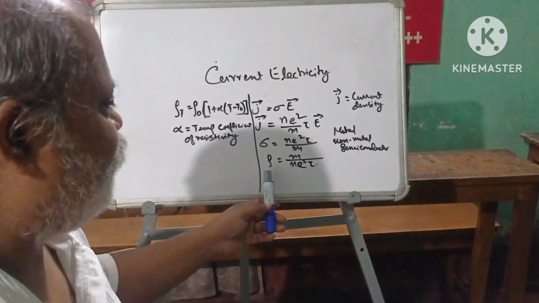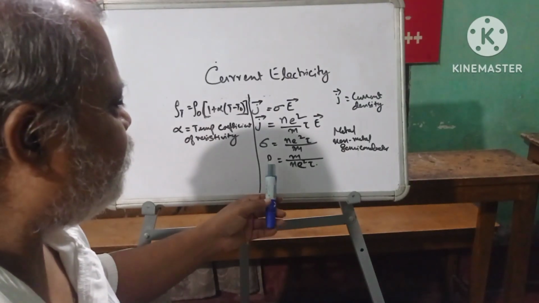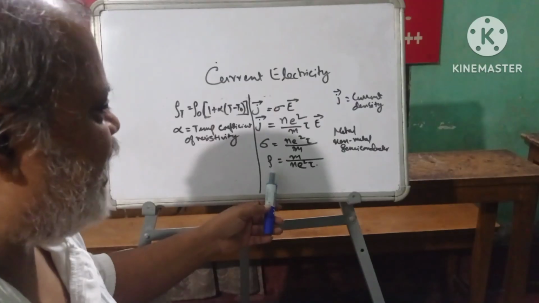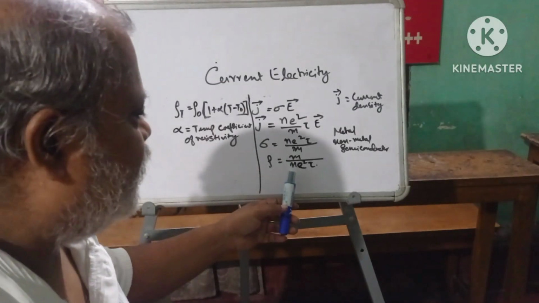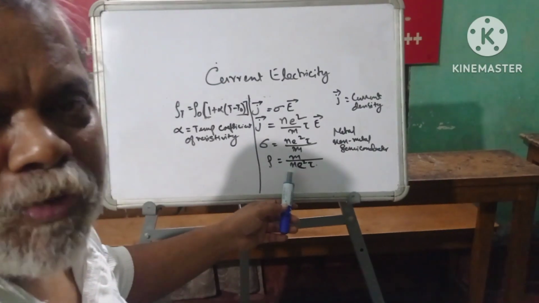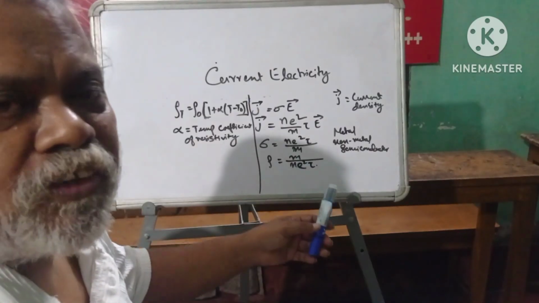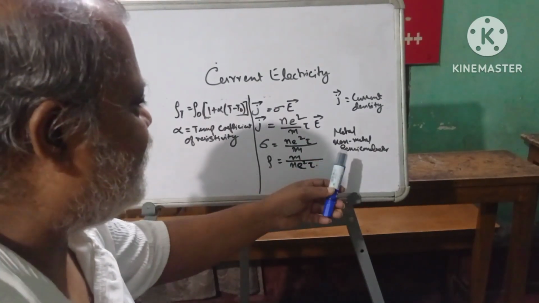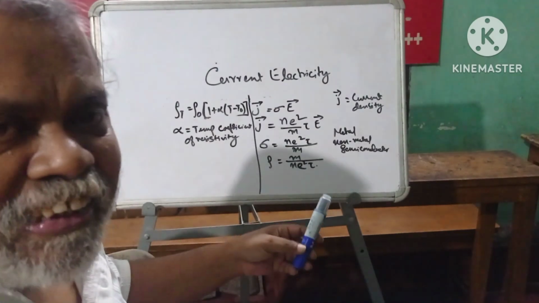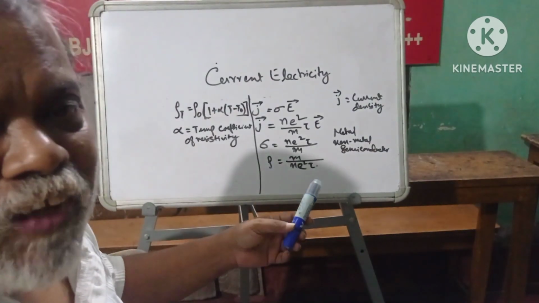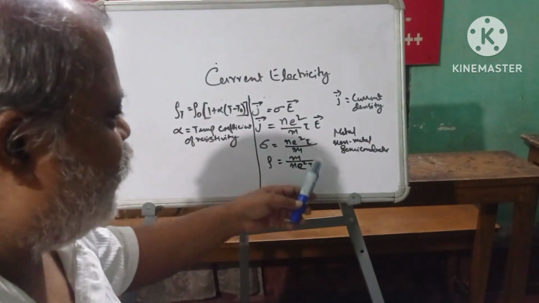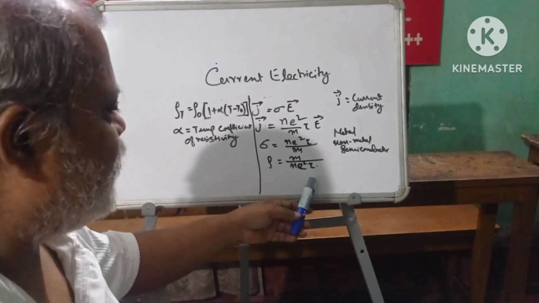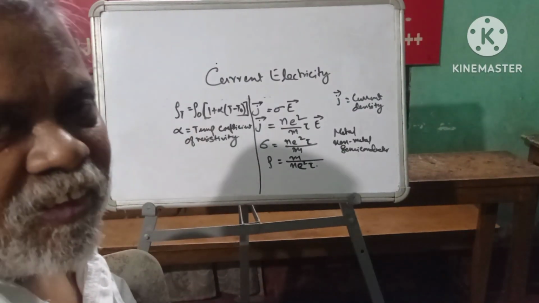So here we find that the resistivity increases, and at the same time the number of electrons does not depend on temperature. So in metals, with the rise in temperature, your average velocity of the electron increases, so your collision time decreases, and as this collision time decreases, your resistivity increases.